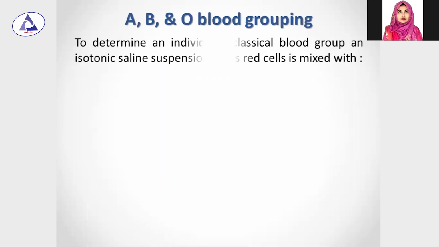ABO blood grouping is the classical blood group. We have already discussed why ABO blood group is called classical blood group, because it follows both parts of Landsteiner's law.